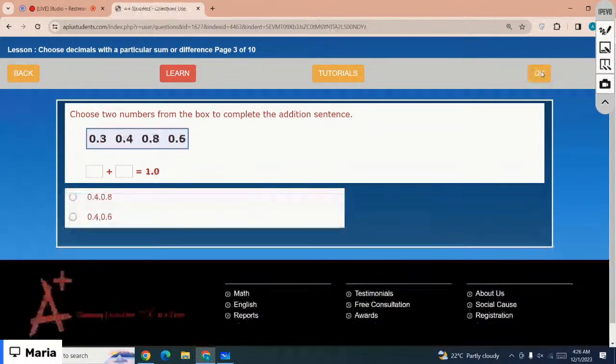Choose two numbers from the box to complete the addition sentence. Dash and dash have a sum of 1.0. Which two numbers when added make 1.0, which is the correct option?